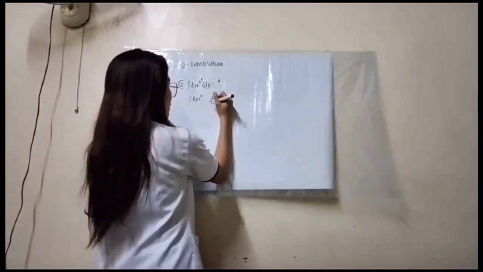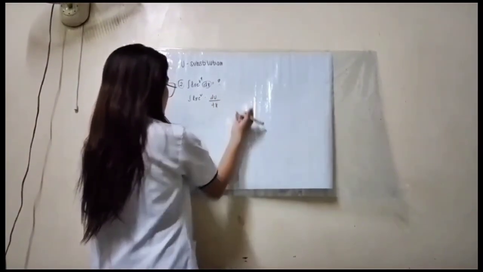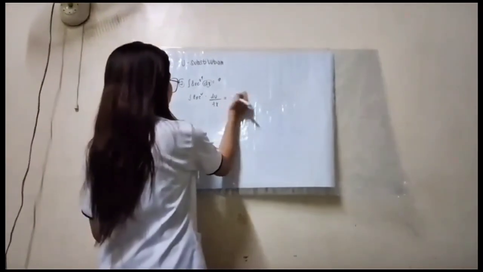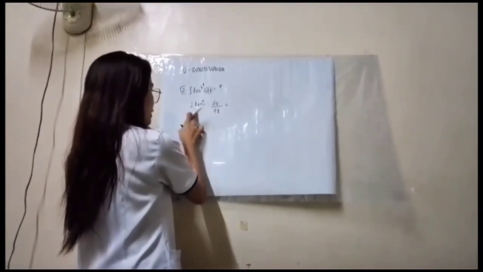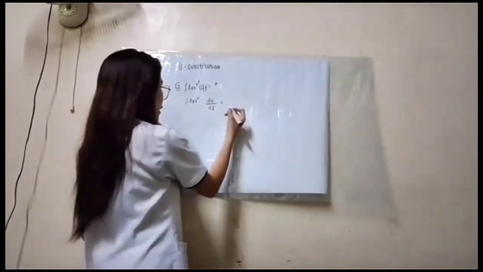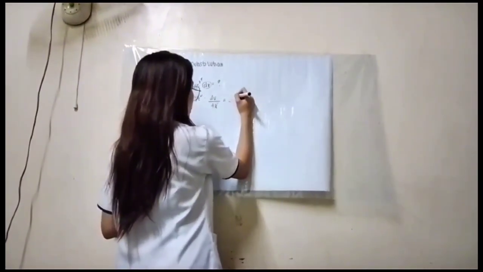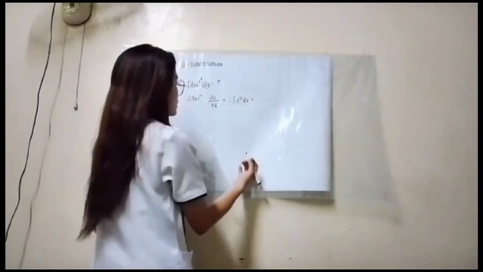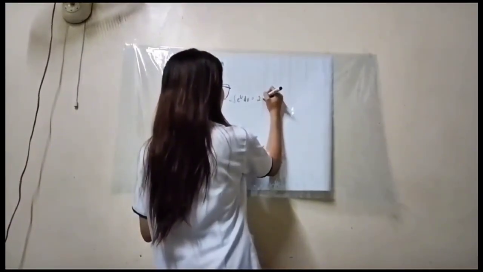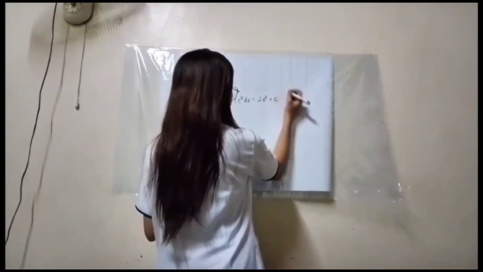Then we divide 8 by 4x, which is 2 integral of e to the u, equals 2 e to the u plus c.